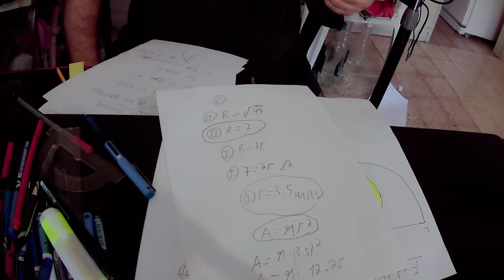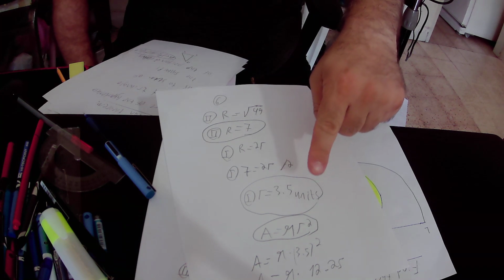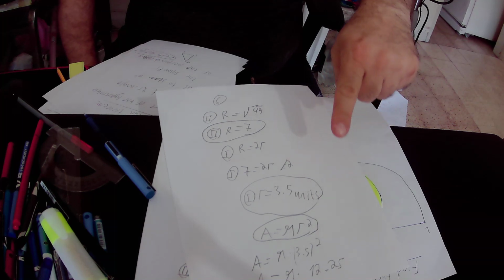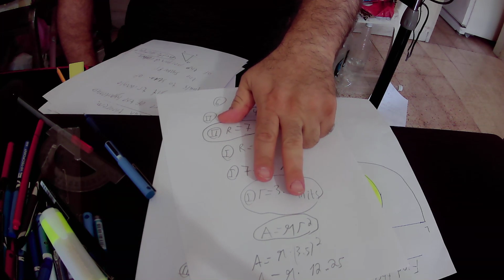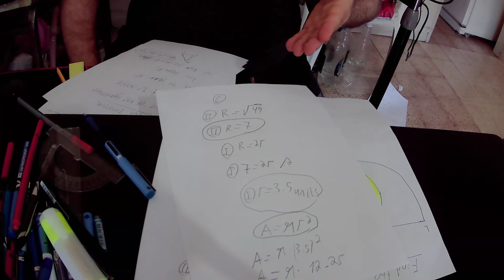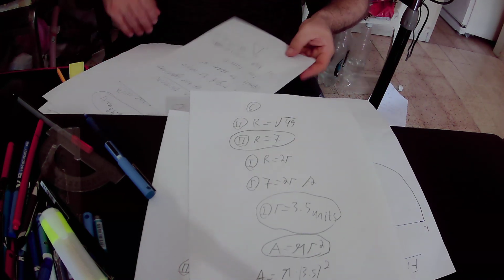And from that we can find the area of the yellow circle, because the area of a circle equals pi times the radius square. We know that the radius equals 3.5 units. So we can substitute r by 3.5, and we get pi times 3.5 square, which equals pi times 12.25, and pi times 12.25 equals 38.48 units.